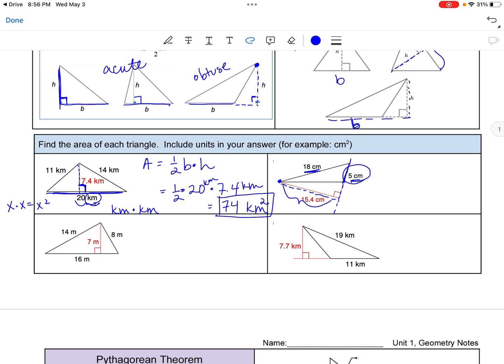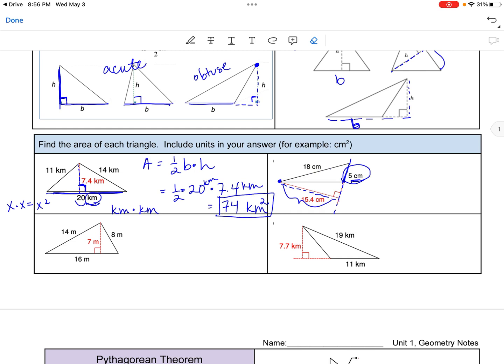This side can also have a height, but that would actually be inside the triangle. It would be here, like so, and we're not actually given that information. So we can't use that as our base because we don't know the height to that particular base.